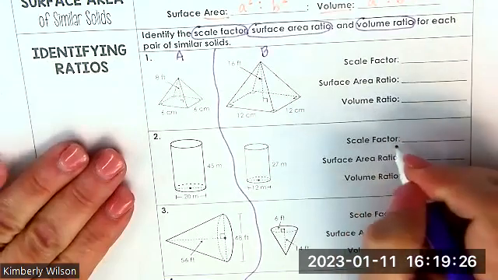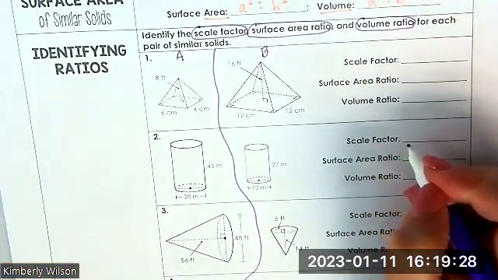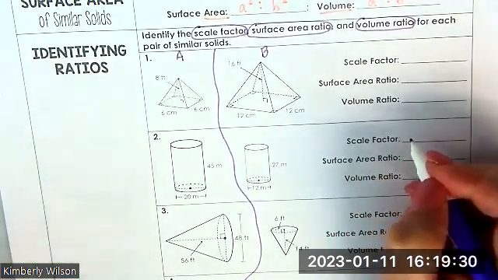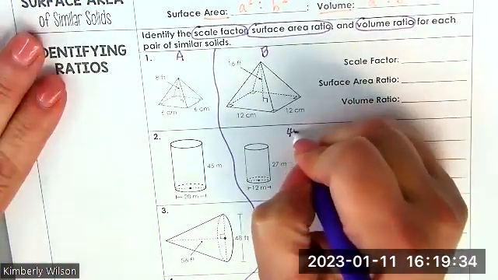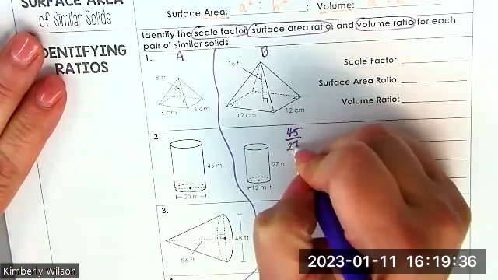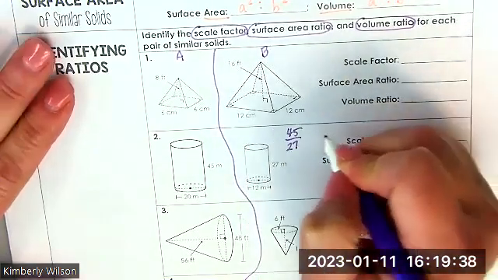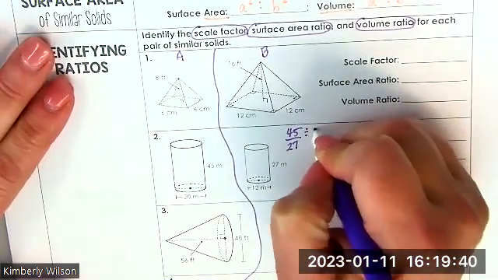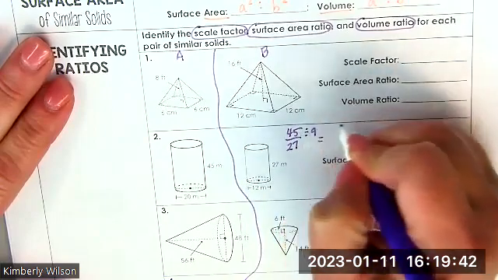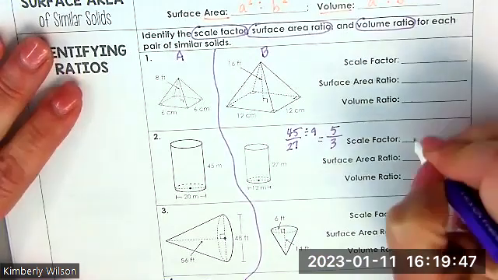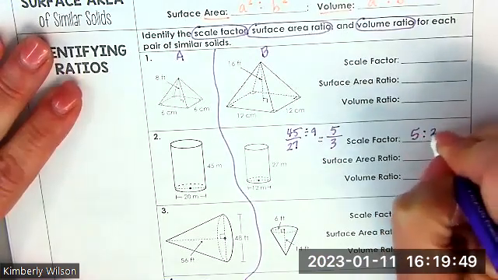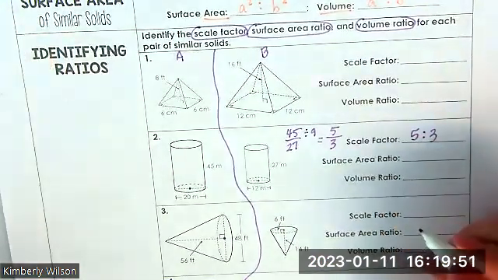So for scale factors, I'm going to take one of the linear sides and set it up. So I'm going to have 45 over 27. If I divide by 9, that gives me 5 over 3, the ratio 5 to 3. So that gives me my scale factor.